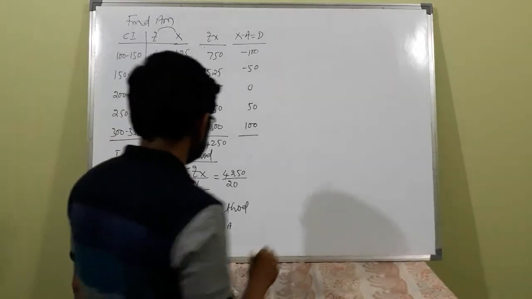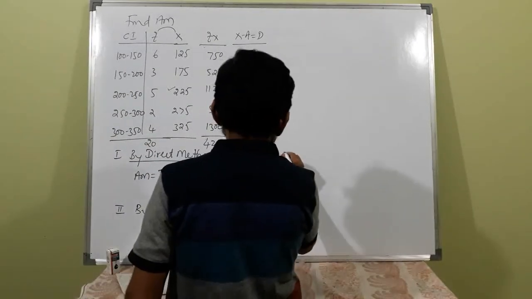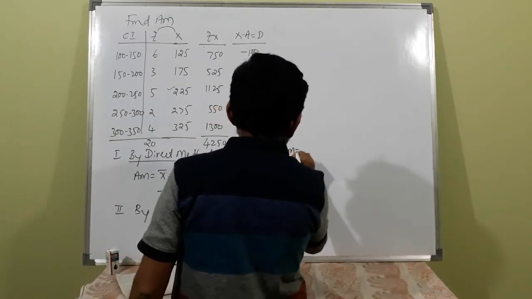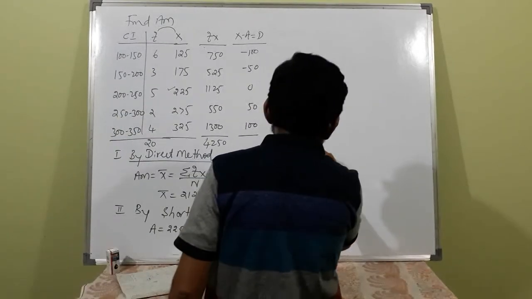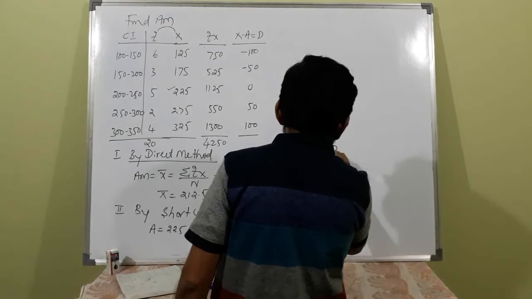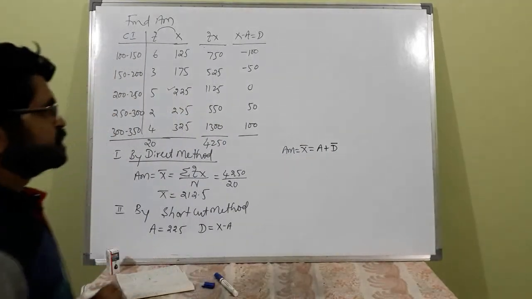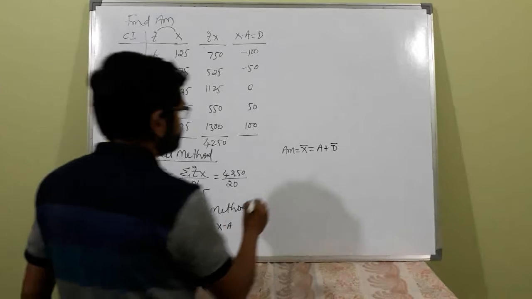What is the formula for arithmetic mean in shortcut method? A plus D bar. Shortcut method, it is A plus D bar.